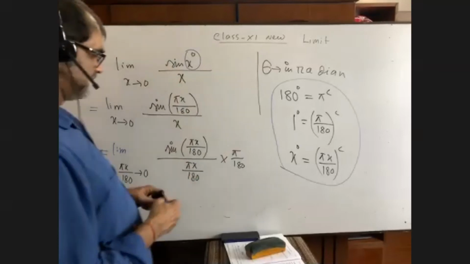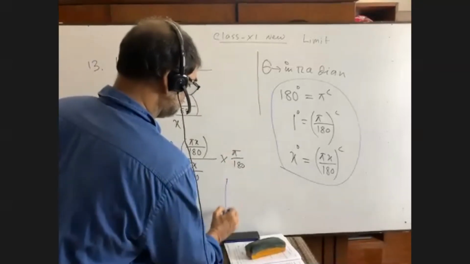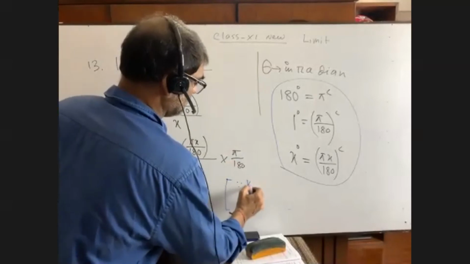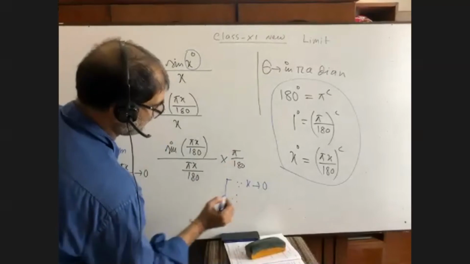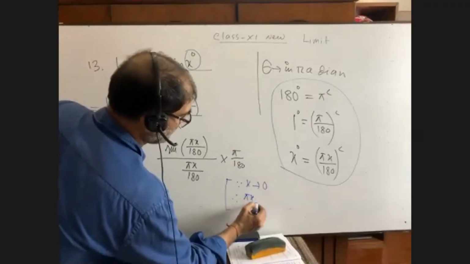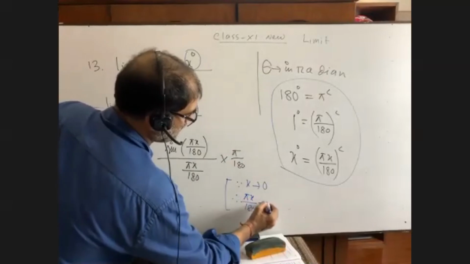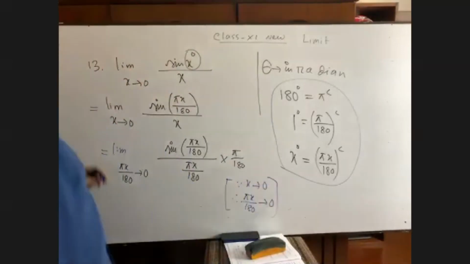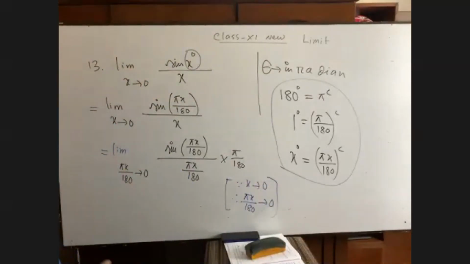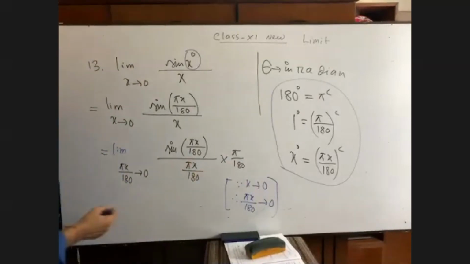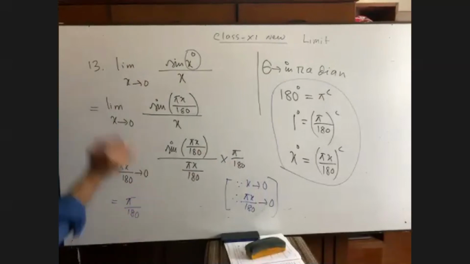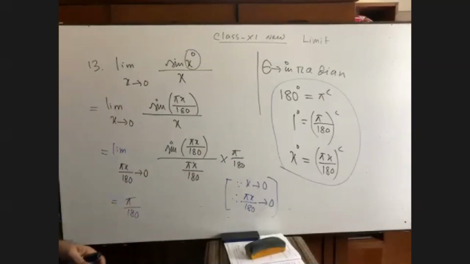And you have to give a side note: since x tends to 0, therefore pi x by 180 tends to 0. So what is the answer now? Let me know. The limit of sine theta by theta is 1. So we are getting the answer pi by 180. Not degree. Just this is the answer. No radian, no degree.